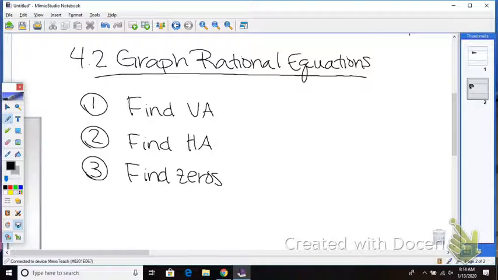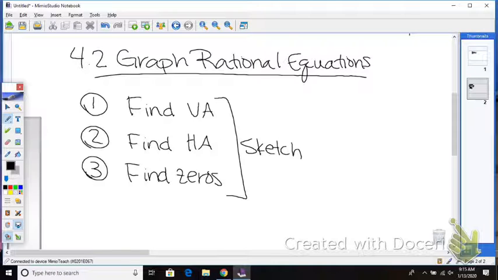Then I want you to sketch these things, kind of like I have periodically when we've done this.